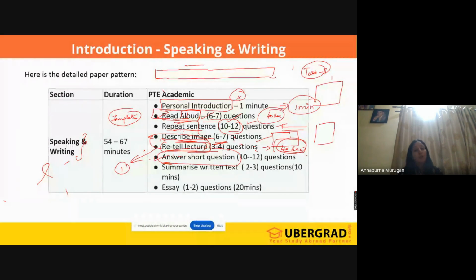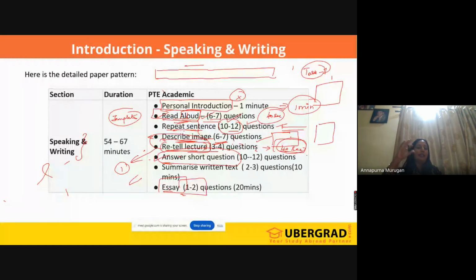And then we are going to have the essay. What is that essay? Usually we will have one essay. Sometimes we may have two essays also. But when they give two essays, they will lessen the other questions. Don't think that the other questions will be this many and the essay too. No, it is not like that.